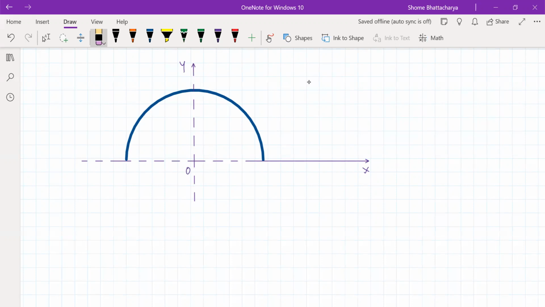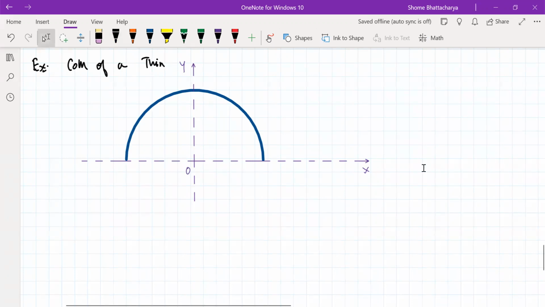It will be a length element. And this time that length element is like a small section of this semi-arc. So this becomes like a standard example for us now: center of mass of a thin uniform semicircular arc.